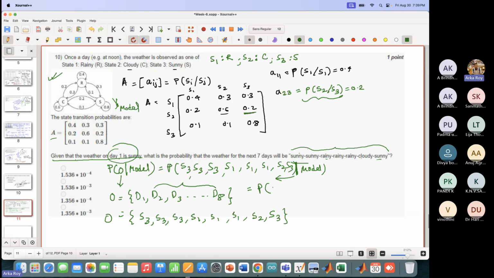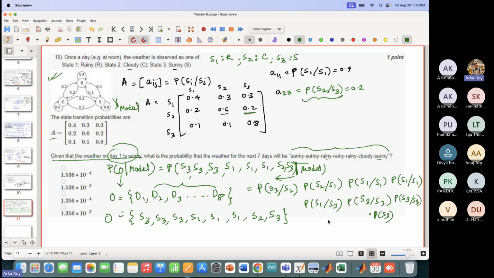We write the probability of S3 given S2, probability of S2 given S1, probability of S1 given S1, probability of S1 given S1, probability of S1 given S3, probability of S3 given S3, probability of S3 given S3, and then the probability of S3. You can see this equation in this week's lecture as well.